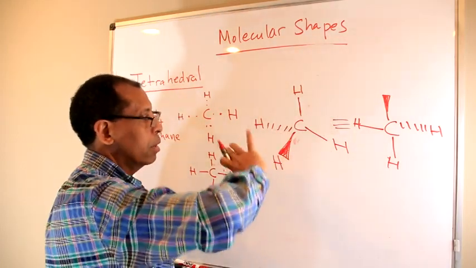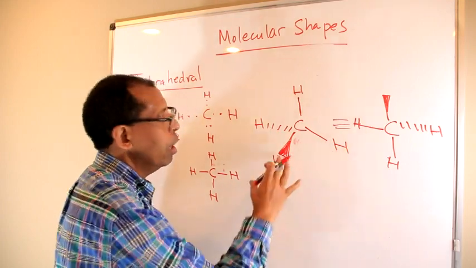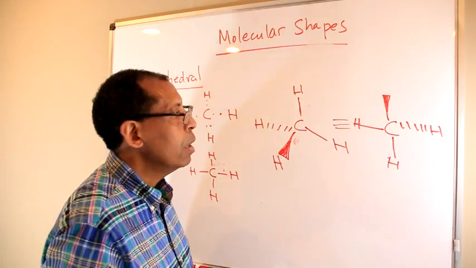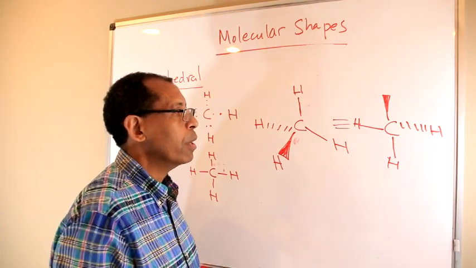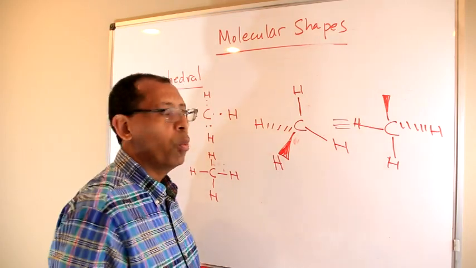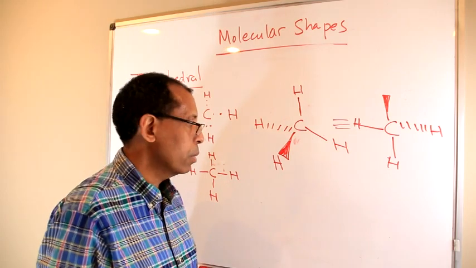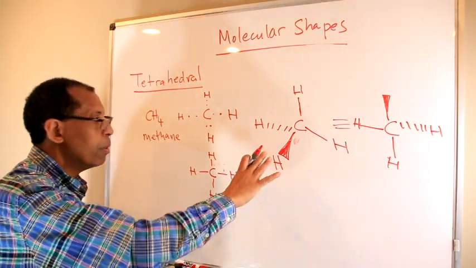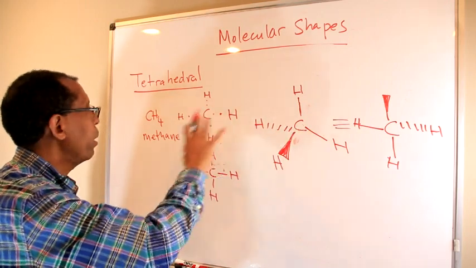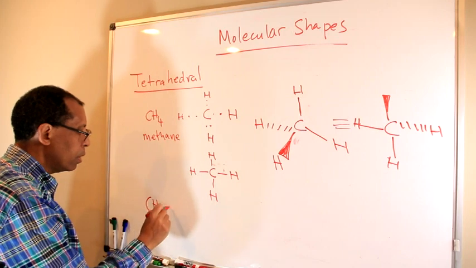So these are equivalent. I'm just rotating everything. If you just flip it that way, that's what you see. So you have to be careful in drawing a tetrahedral shape, because that is the one which is mostly present in organic compounds. So this is for a simple molecule CH4, methane, but how about if you had CH3 CH3?